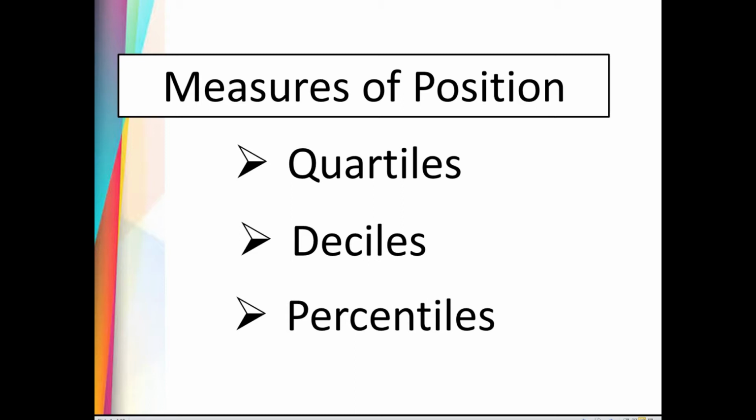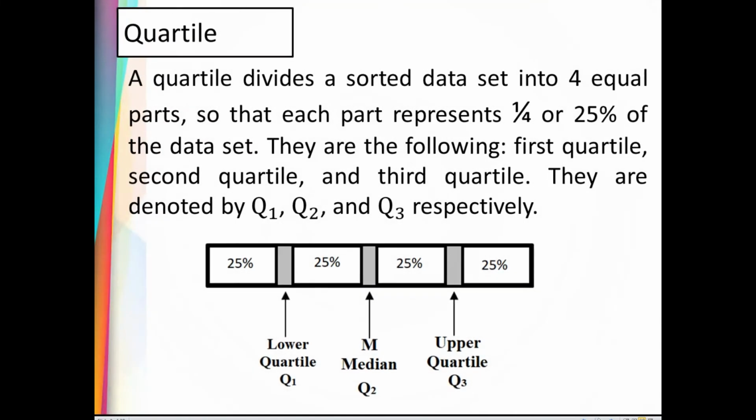As a review, the most commonly used measures of position are the following. We have quartiles, deciles, and percentiles. A quartile divides ordered data into 4 equal parts so that each part represents 1/4 or 25% of the dataset.